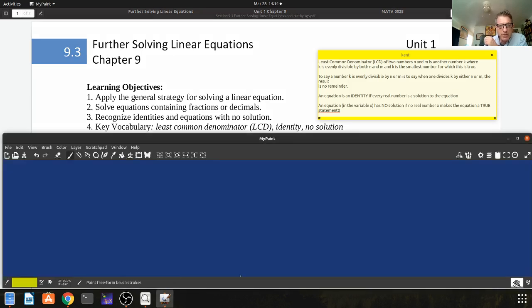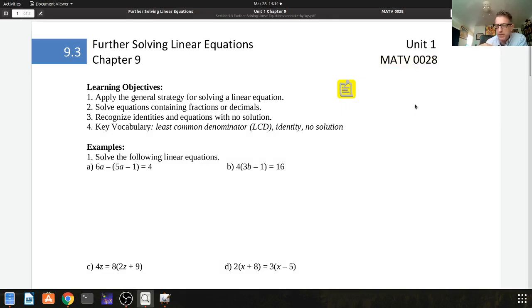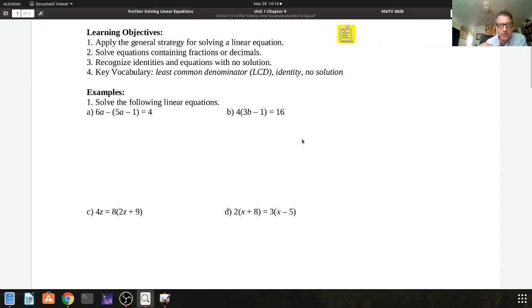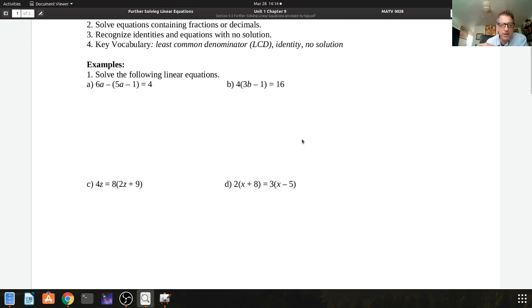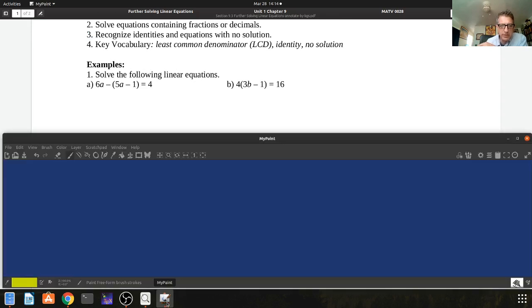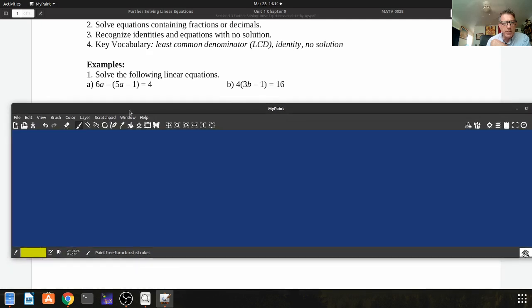So here's the new thing. I'm going to try to use this in combination, and we're going to solve some linear equations. The first thing we're going to solve is 6a minus, in parentheses, 5a minus 1, is equal to 4.